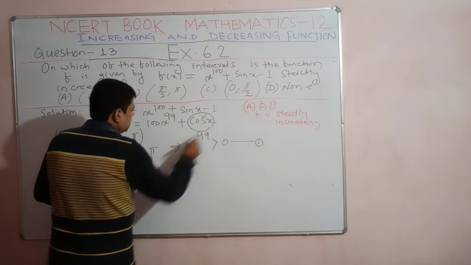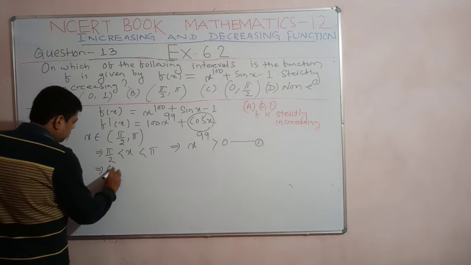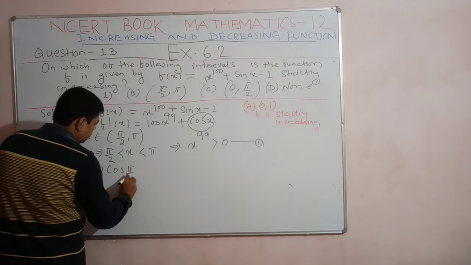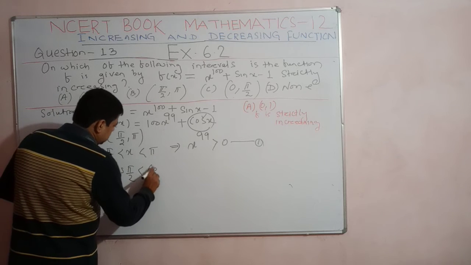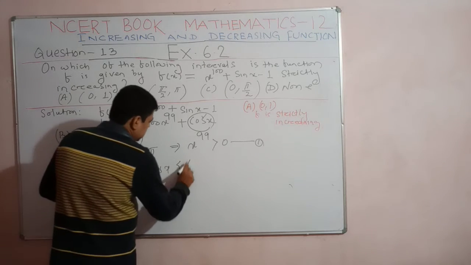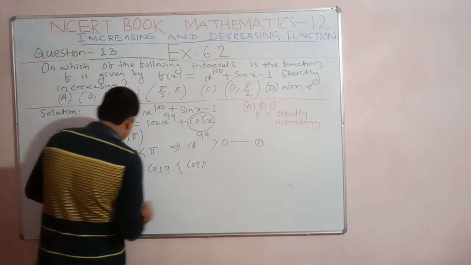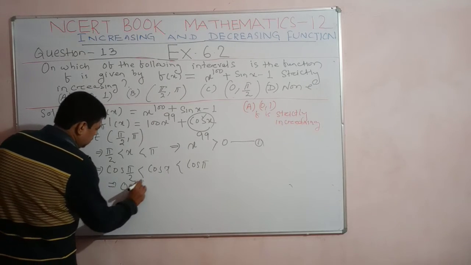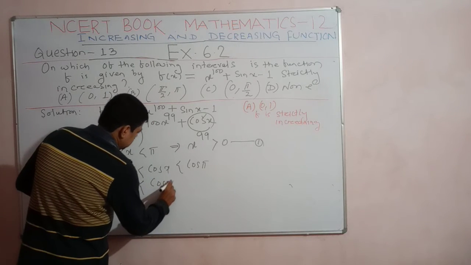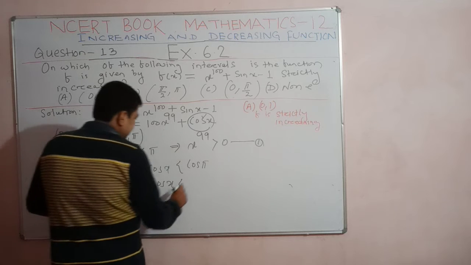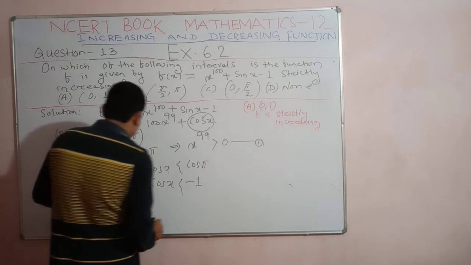Again you see pi by 2 is less than x is less than pi. Let us see cos x. Now cos pi by 2 is less than cos x is less than cos pi. Understand? And cos pi by 2 is 0, so 0 is less than cos x is less than what? Minus 1. Cos pi is minus 1.